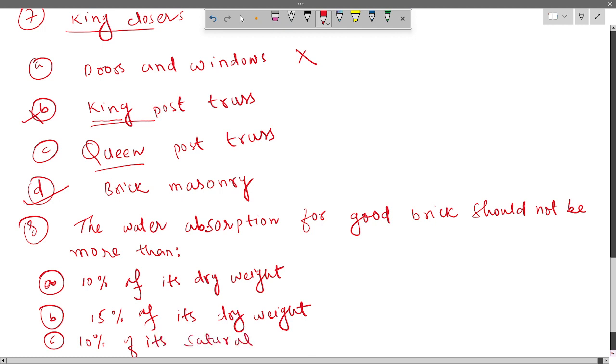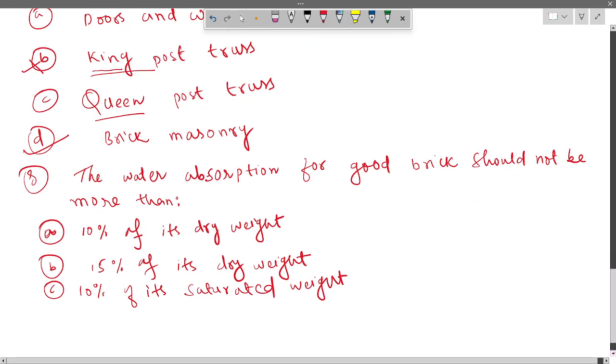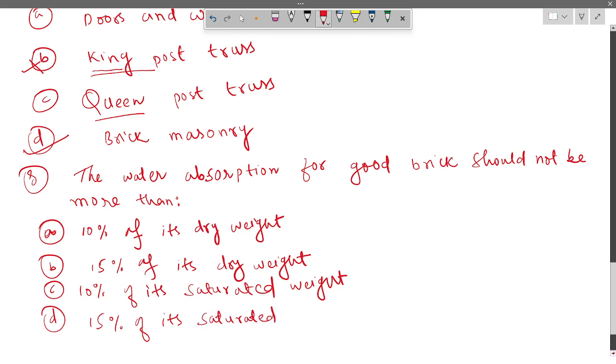Saturated means what will be the saturated weight? Saturated weight means the weight of a brick already immersed in water is called saturated weight. Okay, and the last option is D, 15% of its saturated weight. So what will be the correct answer?